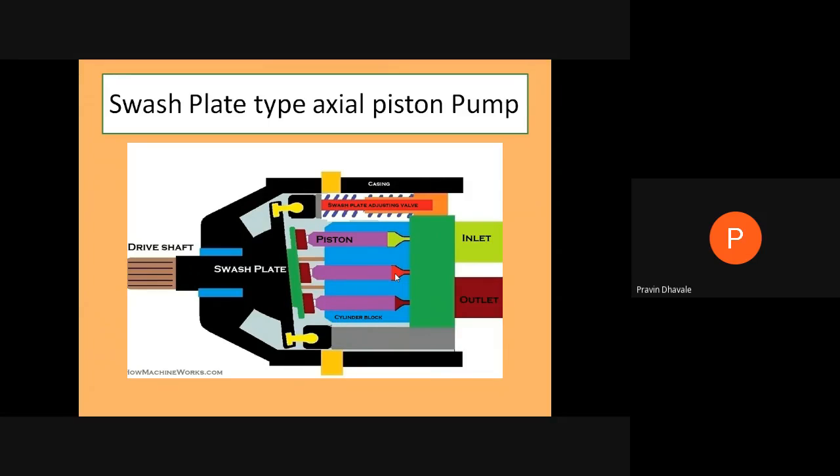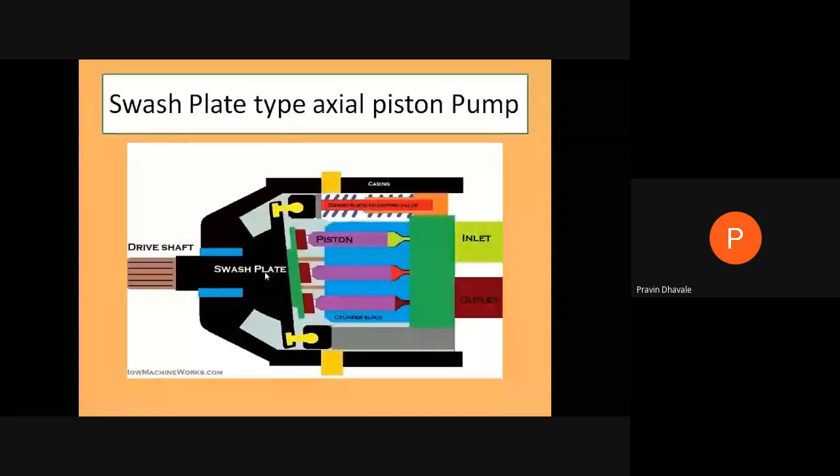In case of a swash plate, the maximum displacement angle is maintained up to 17 to 18 degrees, most preferably 17.5 degrees, between the swash plate and the axis of the pump.